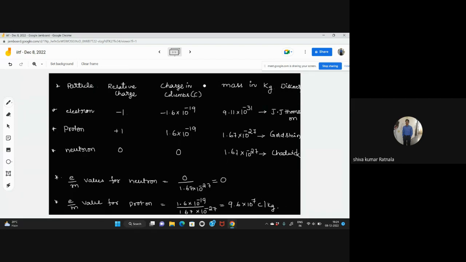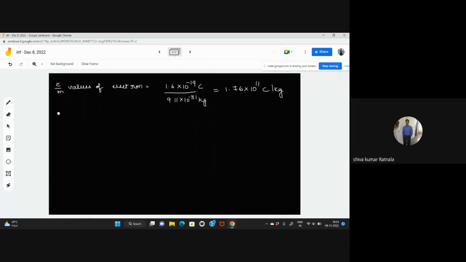So in this one, what is the order of e by m value? Among these three, which is least? Neutron, sir.